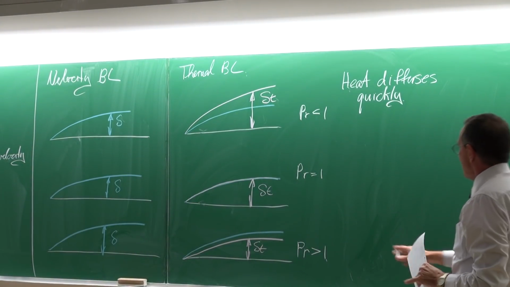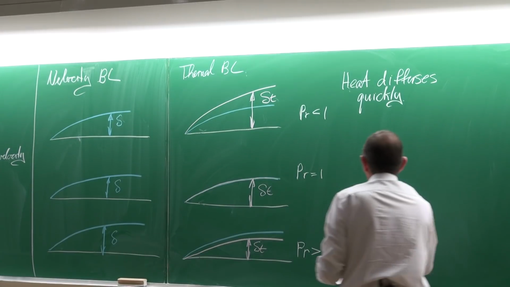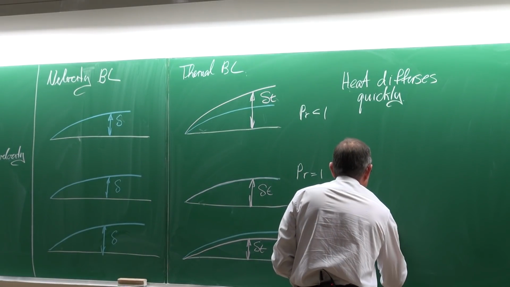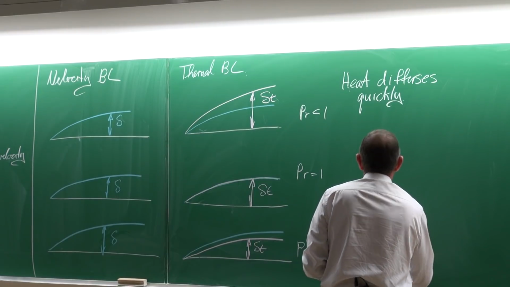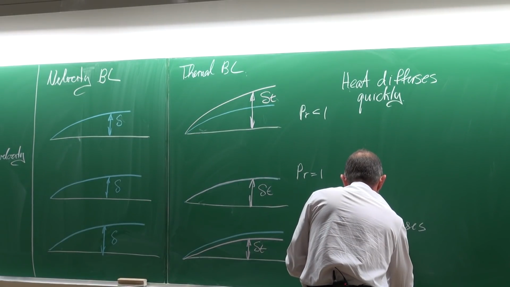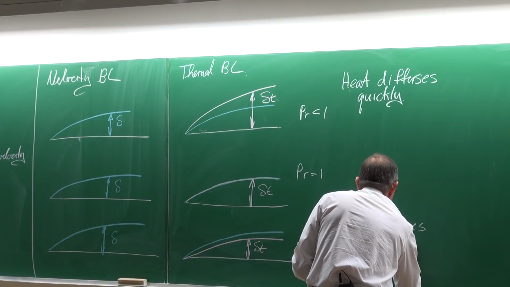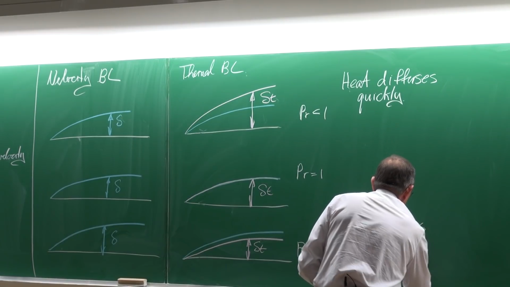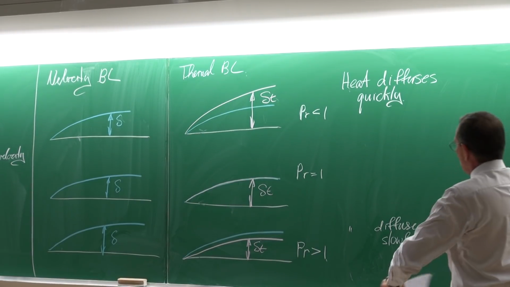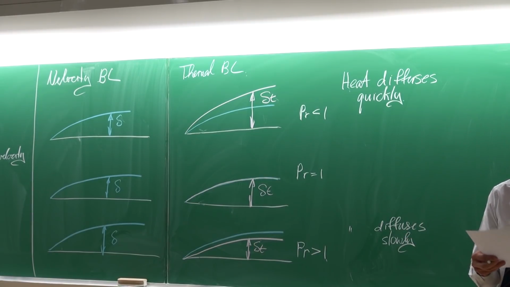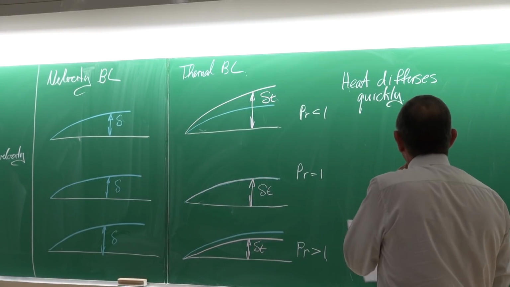And if the Prandtl number is larger than 1, it means that the heat diffuses slowly. So Prandtl numbers smaller than 1 mean the heat diffuses quickly, and when they're larger than 1, then they diffuse slowly.